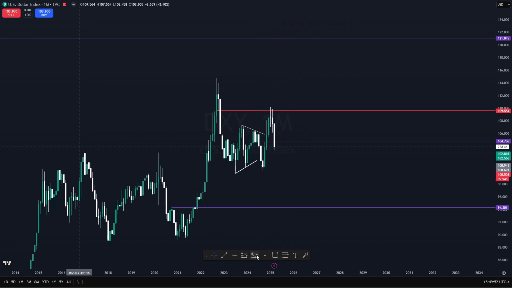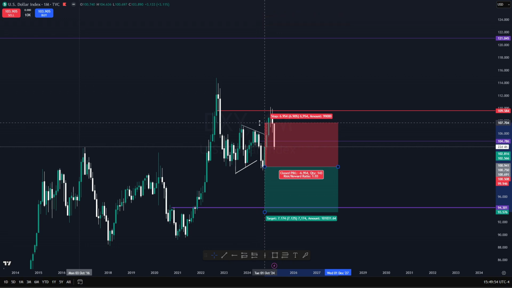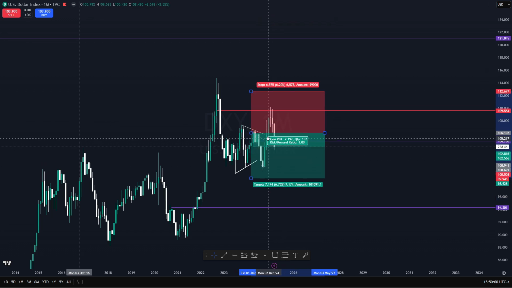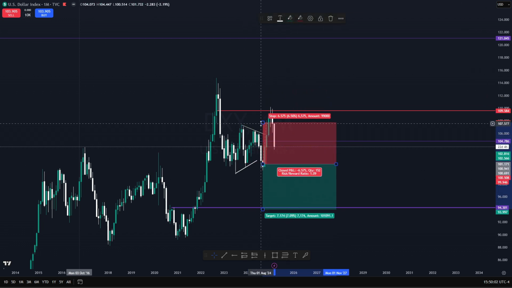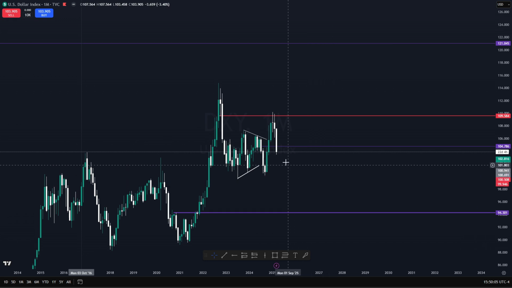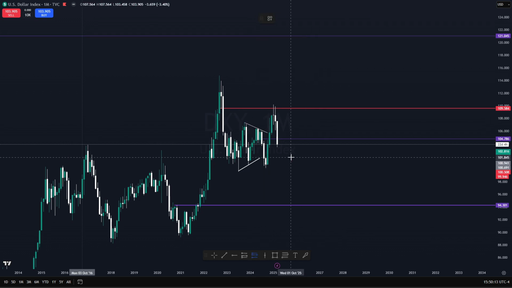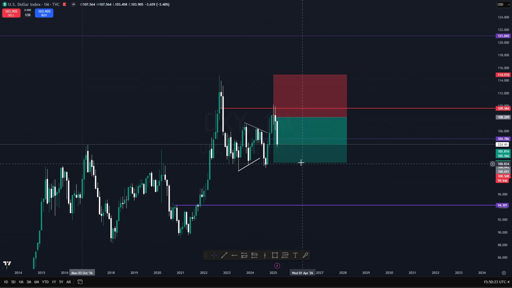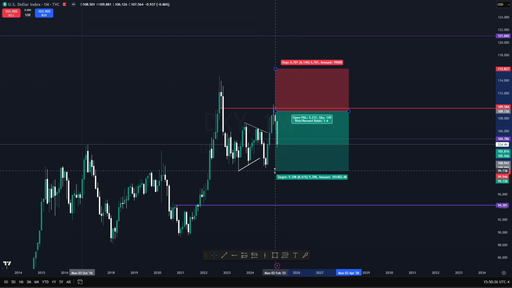But basically, we get this manipulation move. So this is all just to build up liquidity here, with these double tops, stops there, trendline, stops there. What I'm trying to say is, sorry, I got a bit off track here, if we build up all of this liquidity only for us to go right down here again, why would we do that?